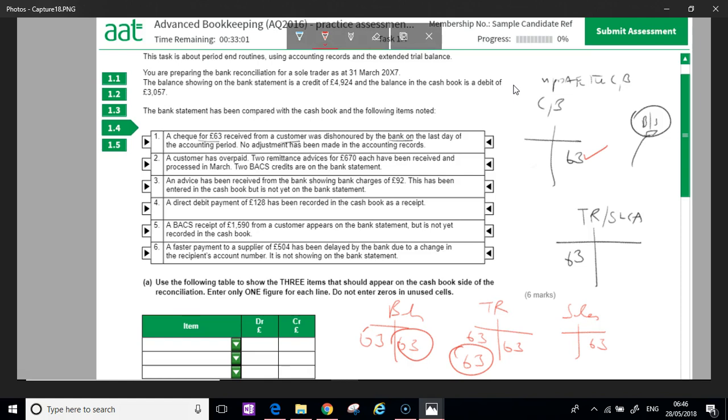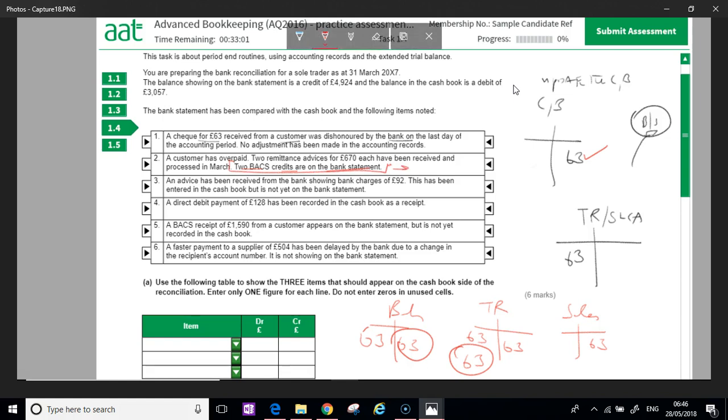Here it says a customer has overpaid. 2 remittance advices for 670 each have been received and processed in March. 2 bank credits are on the bank statement. So this question, I think, is slightly off, because the impression here is that the error occurs in both. No, the error is with the bank.